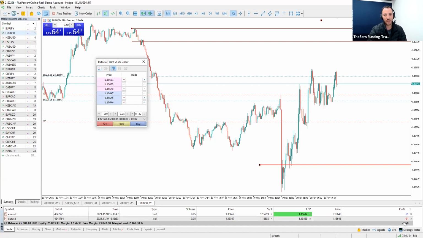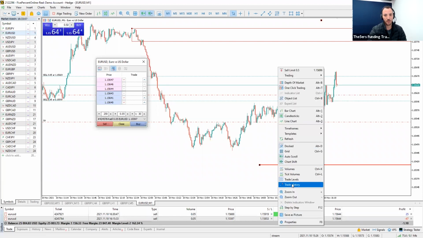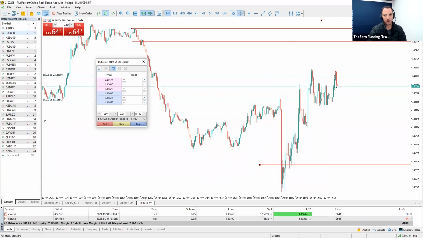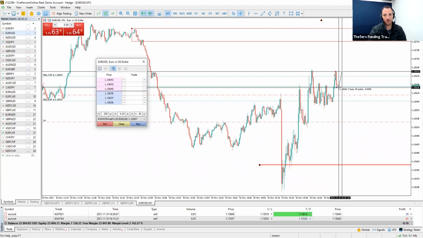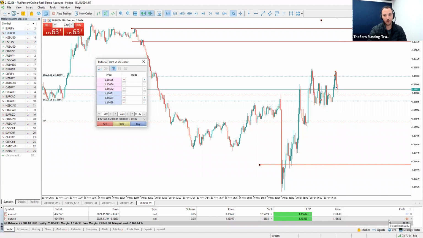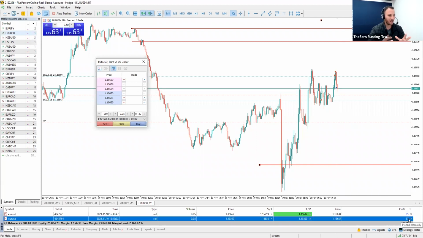Now I took, I believe, a 3 pip, okay, a 4 pip win. So I could choose, if I was heavily sized, to take this one off, to just take it out, balance, and to just leave this one on. You know what I mean?